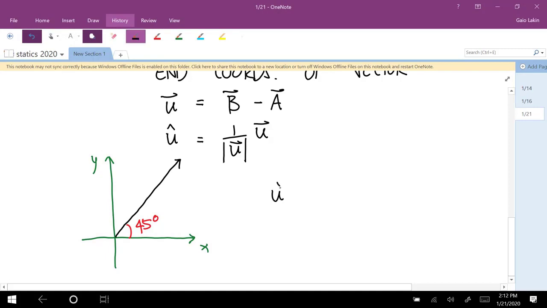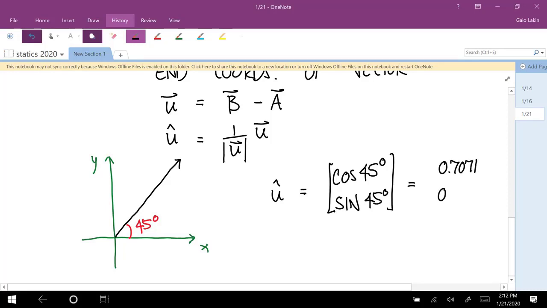So the unit vector is cosine of, it's 45 degrees counterclockwise from the positive x-axis to the vector. So cosine of 45, sine of 45. And that's 0.7071, 0.7071.